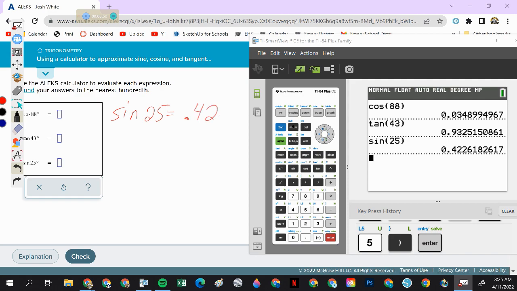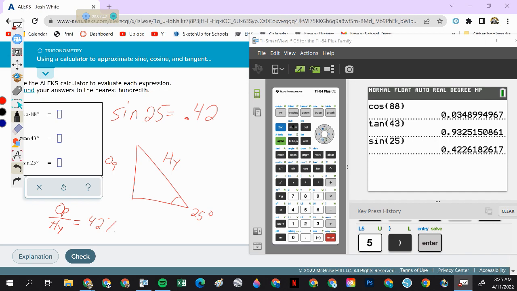Okay? So if I draw a right triangle, and this angle here is 25 degrees, and sine would be opposite divided by hypotenuse, what we're saying is the opposite divided by the hypotenuse is 42%.